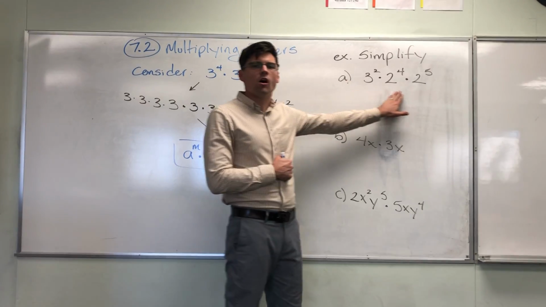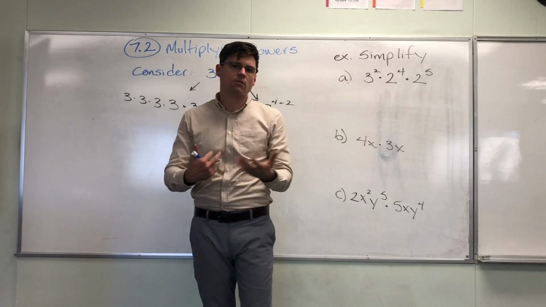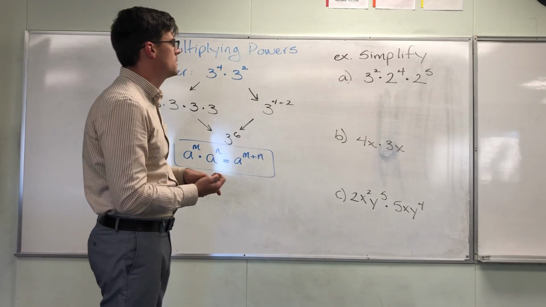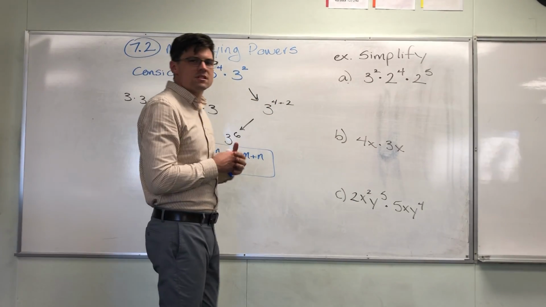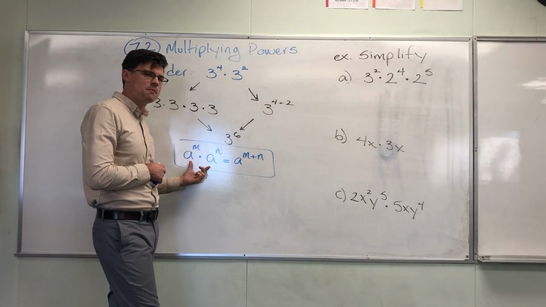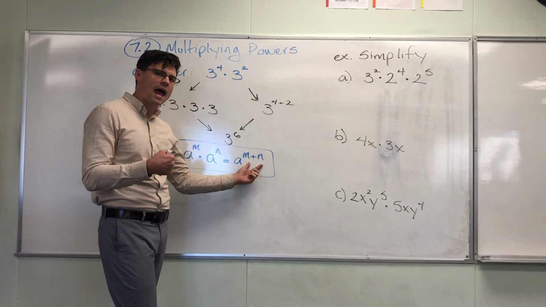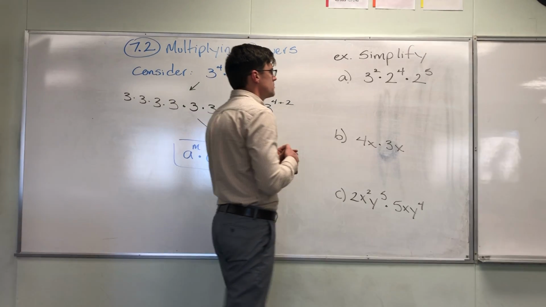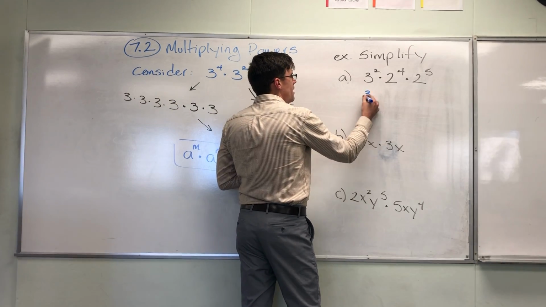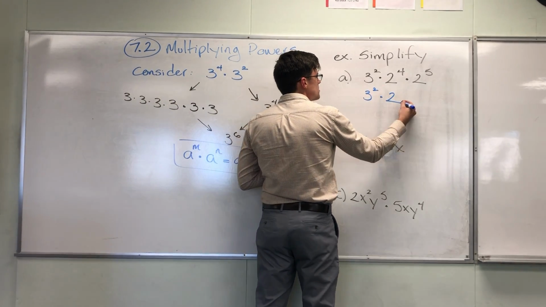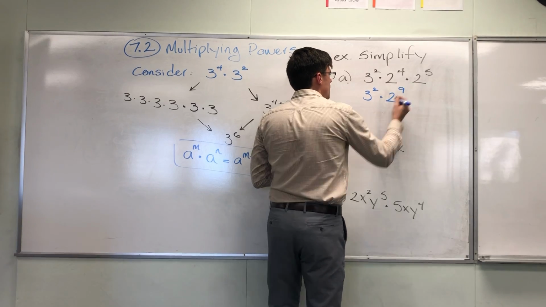So first one's all numbers. It's 3 different powers being multiplied together. The powers that have the same base, if they have the same base, we can combine them together and add their exponents. So I've got 3 to the power of 2 times 2 to the power of 9.